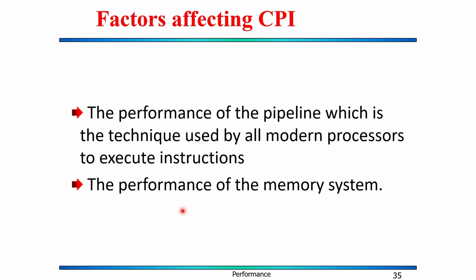The more cache misses a program has, the higher its average CPI will be. So even if a processor has a fast clock and efficient pipeline, poor memory performance can drastically increase CPI and slow down the execution. This is why memory hierarchy design is so important in modern computer architecture.